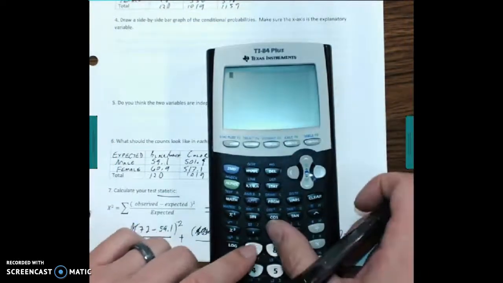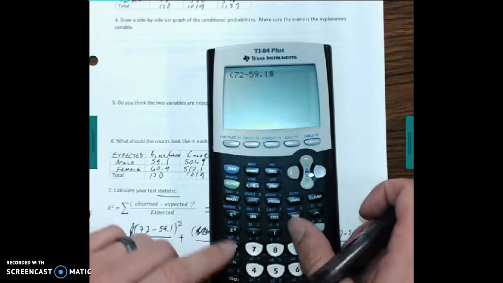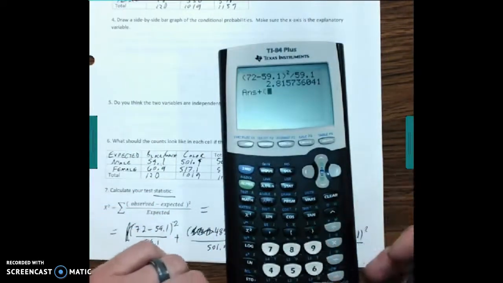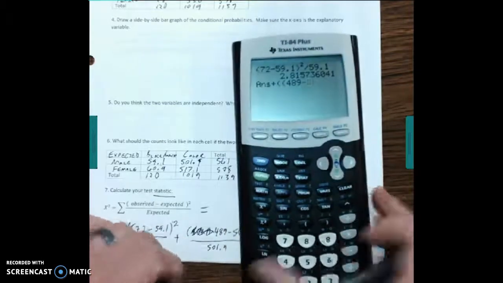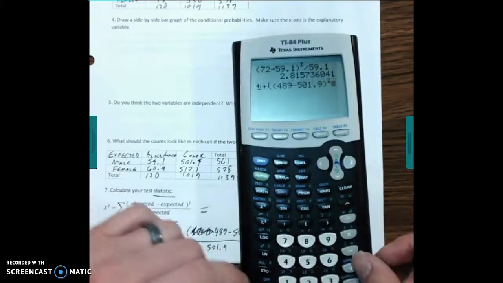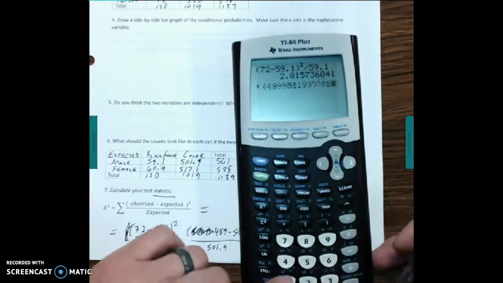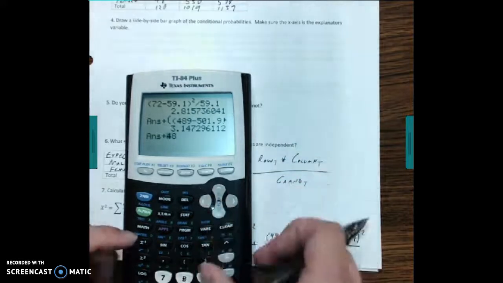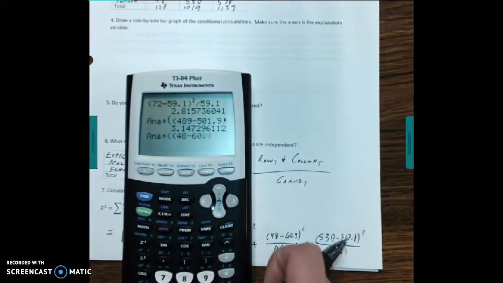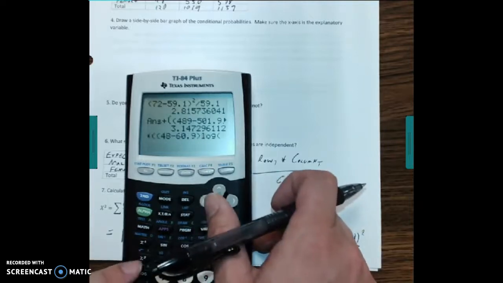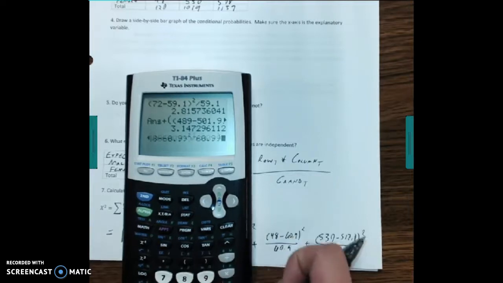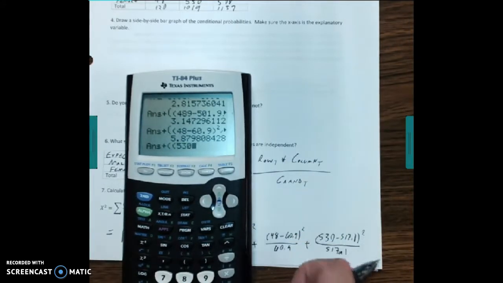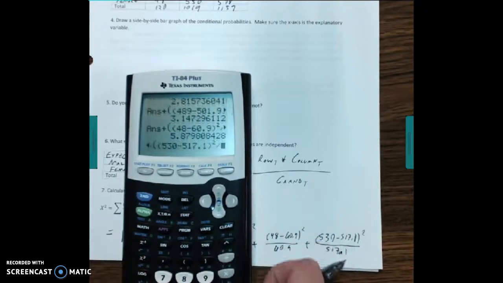I've got (72 minus 59.1) squared divided by 59.1, plus (489 minus 501.9) squared divided by 501.9, plus (48 minus 60.9) squared divided by 60.9, and then finally plus (530 minus 517.1) squared divided by 517.1.